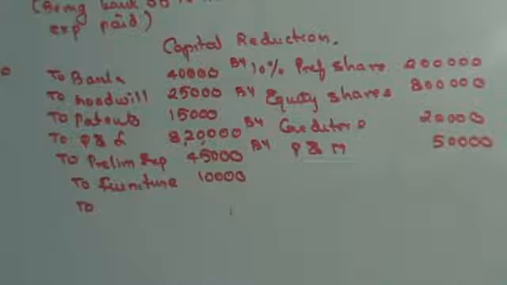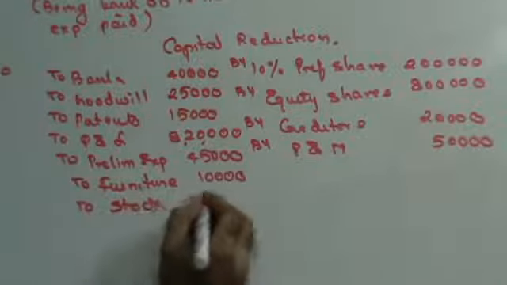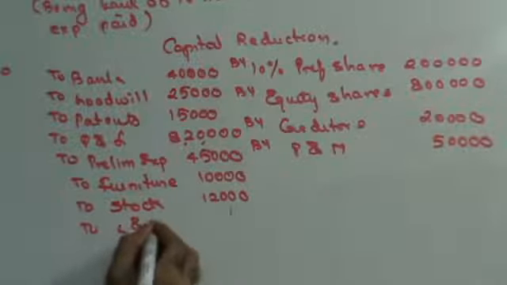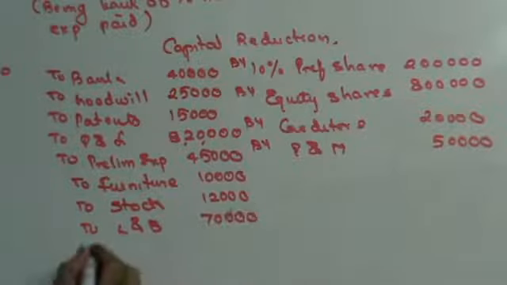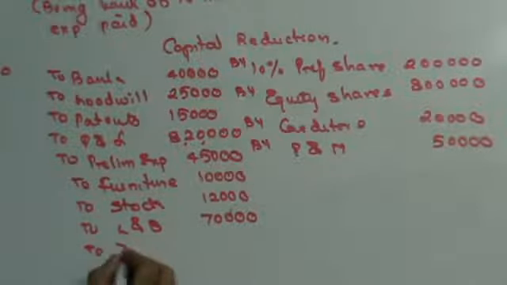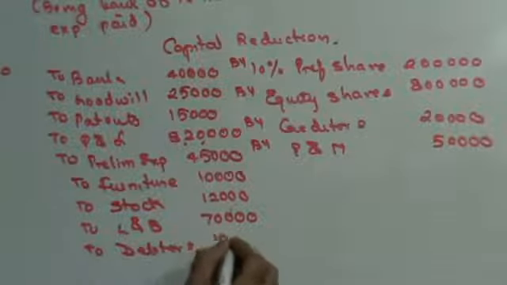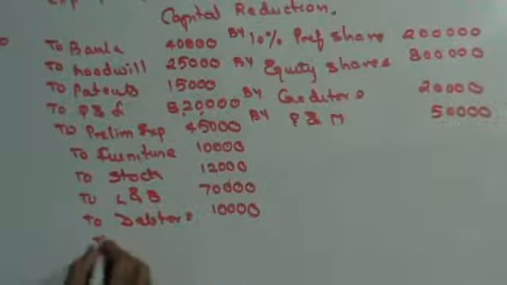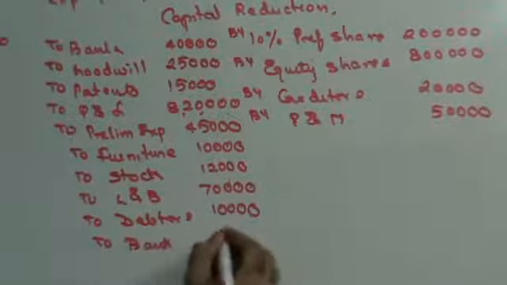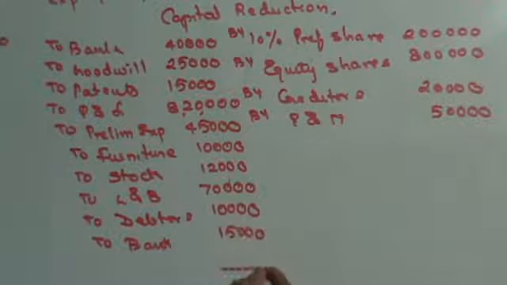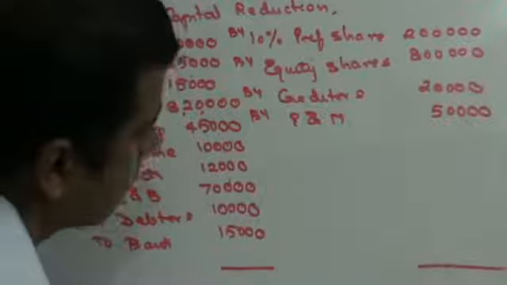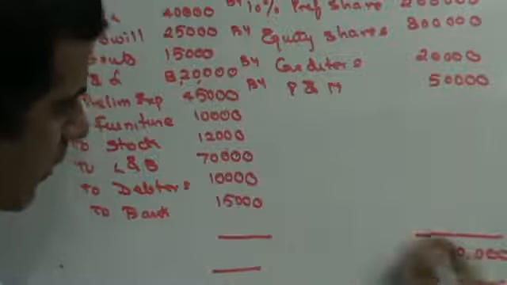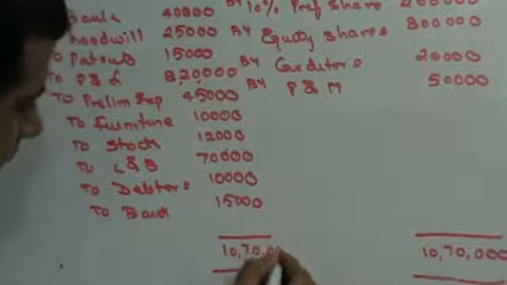To stock, 12,000. To land and building, 70,000. To debtors, 10,000. Then you have capital reduction on the debit side again. To bank, 15,000. Someone help me tally this, guys. 10 lakh 70,000. 8,000 on the debit side, right?